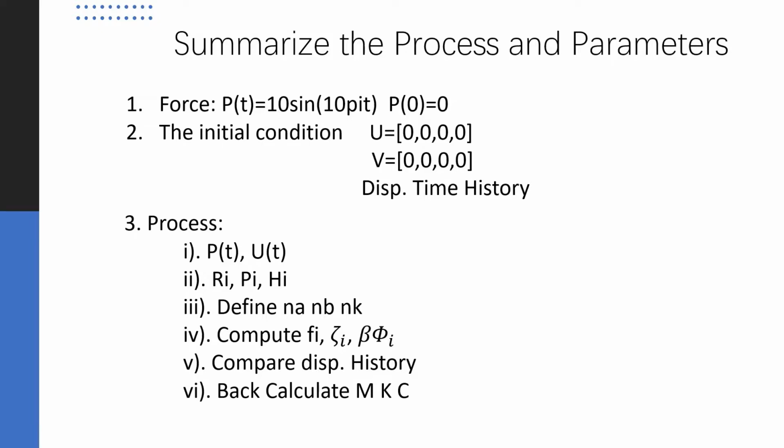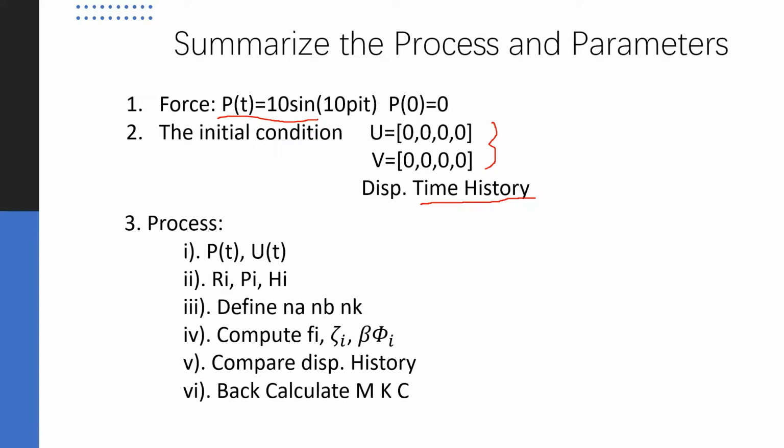Firstly, we got the force, the initial conditions and the displacement time history. Then we type the force and the displacement history into MATLAB. We use the ARX function in MATLAB to find the residual, the poles, and the ICE mode of the transfer function.